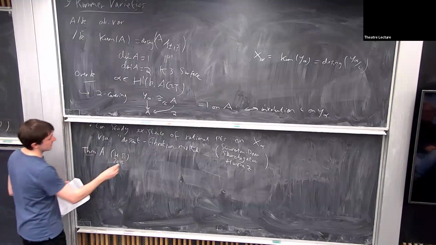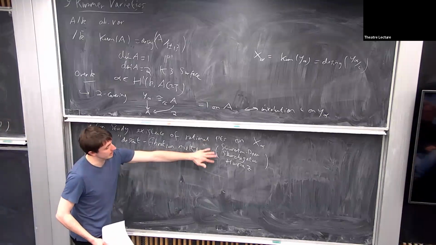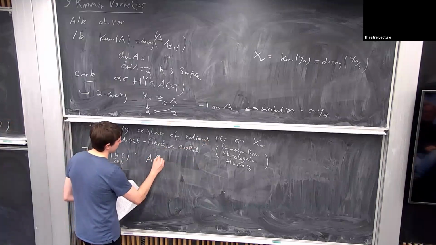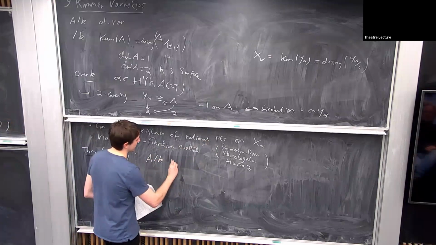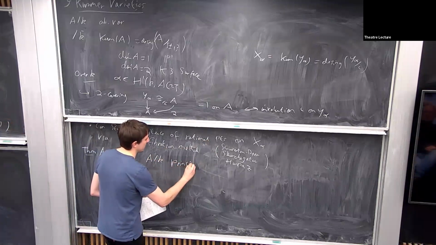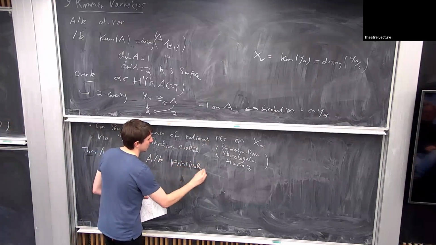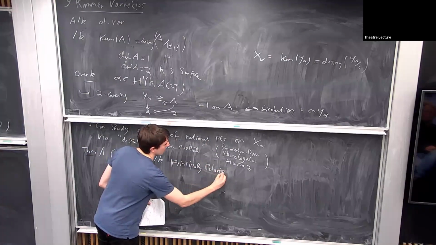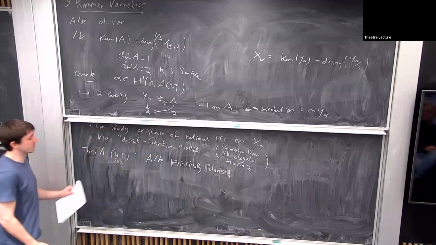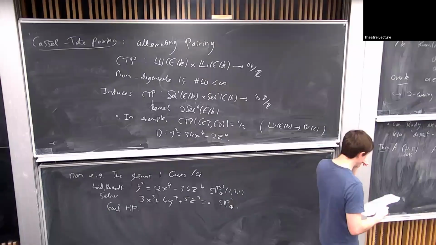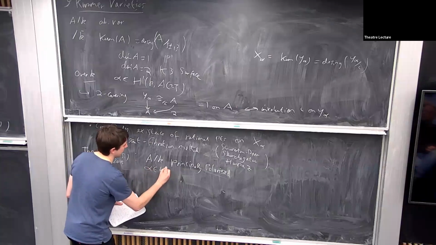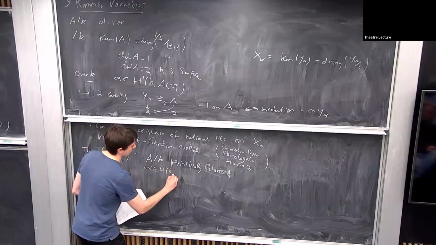So it says the following. Suppose your abelian variety is principally polarized. Our main examples are coming from Jacobians of curves, which certainly are. Take your class; it's going to define the Kummer variety.